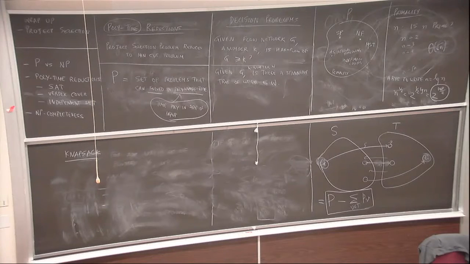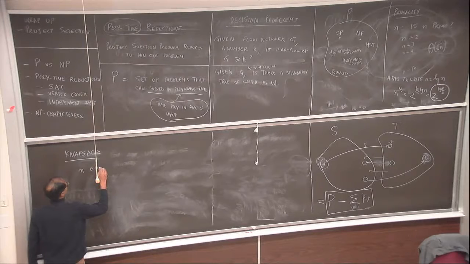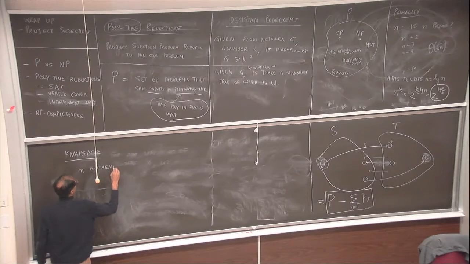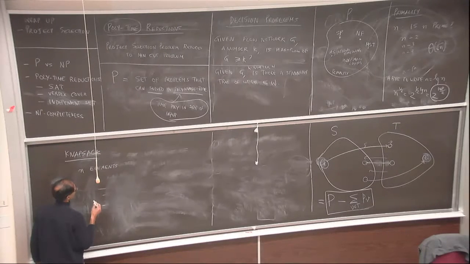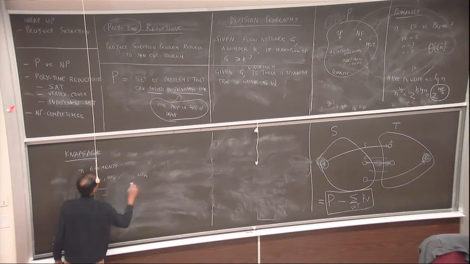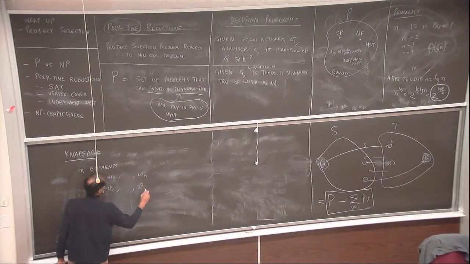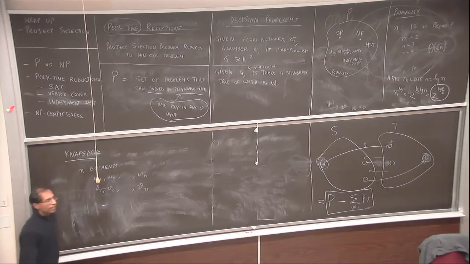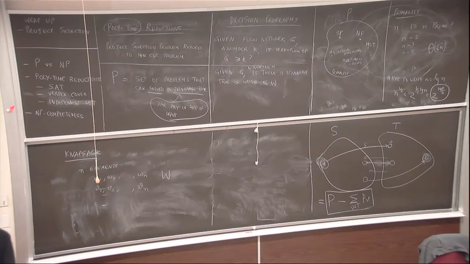Let me recall to you what the problem was. You had n elements, and you had weights and values. So you had weights W1, W2, up to Wn, and values V1 up to Vn, and you were also given a weight bound W for the knapsack.